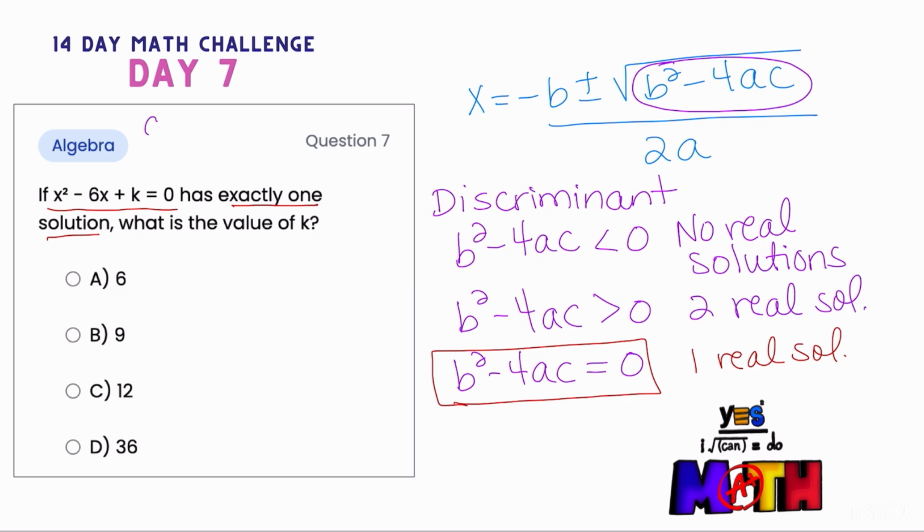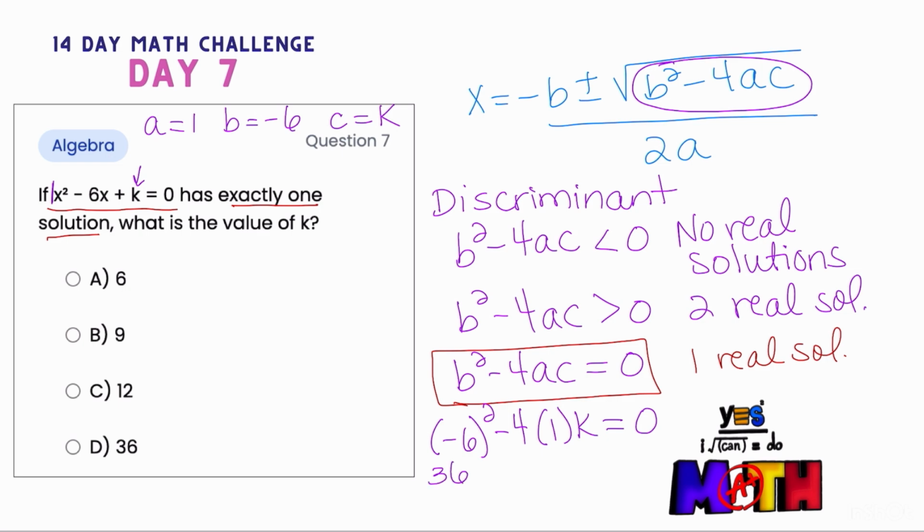From the equation, a is 1 because it's the number in front of x squared, b is negative 6, and c is k. I'm going to substitute into the discriminant: negative 6 squared minus 4 times a times c, which is k, has to equal 0.